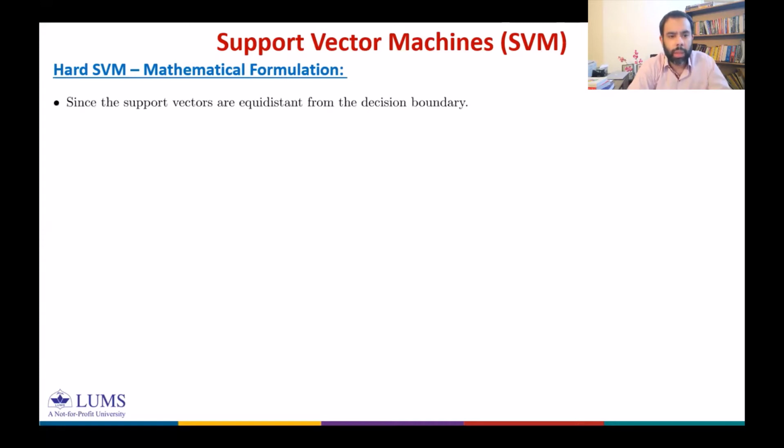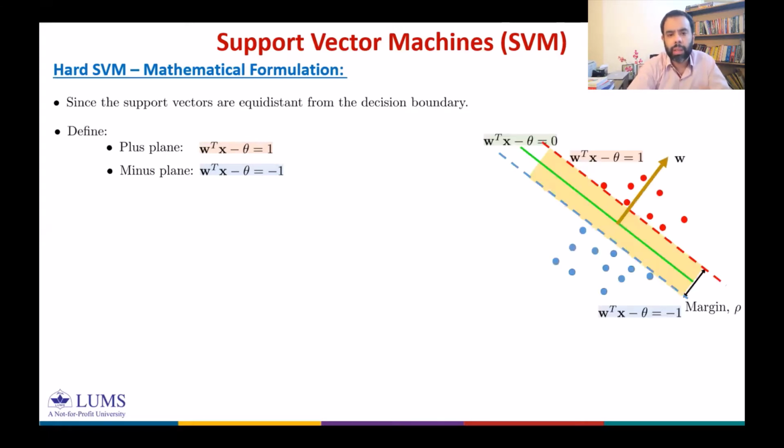Since the support vectors are equidistant from the decision boundary, we define two planes. W transpose x minus theta is equal to 1. We call it plus plane, and we call it minus plane. W transpose x minus theta is equal to minus 1. And these two planes, in fact, contain the support vectors.